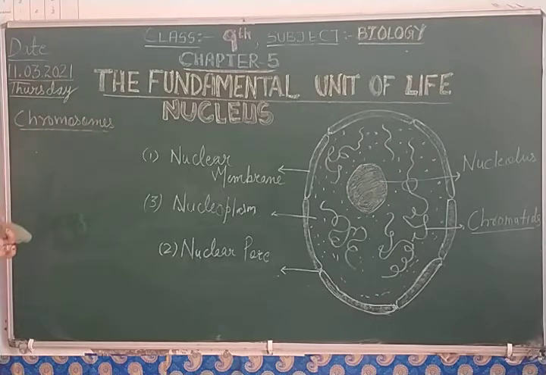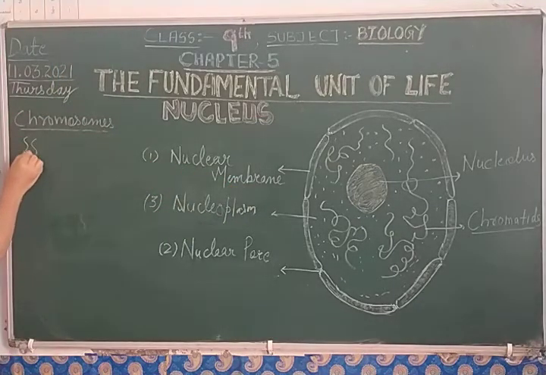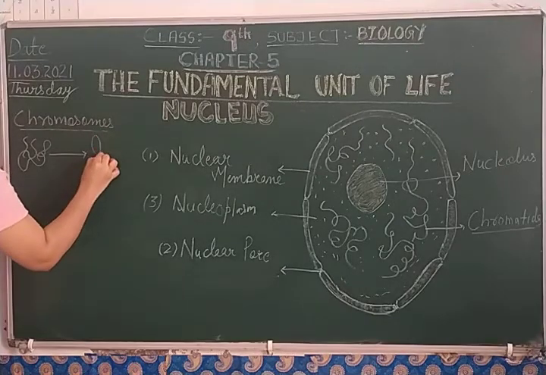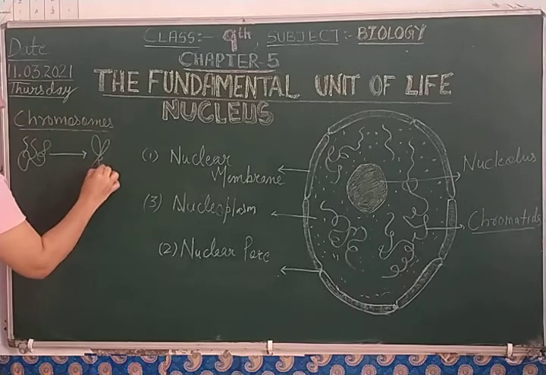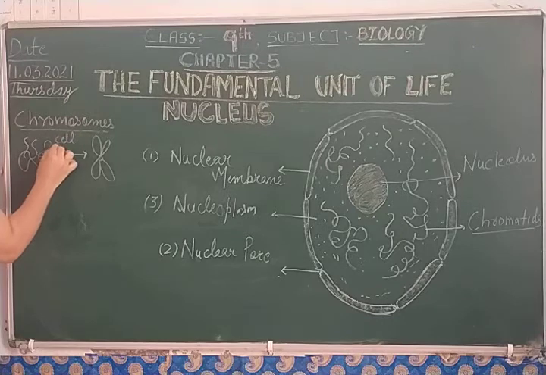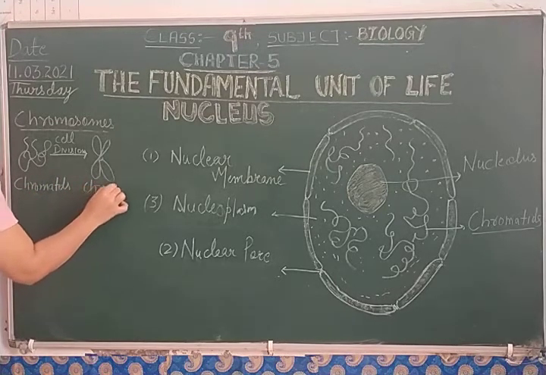I have told you how chromosomes are formed: when these thread-like structures are converted into ribbon-like structures, they form chromosomes, during cell division. So chromatids are converted into chromosomes.